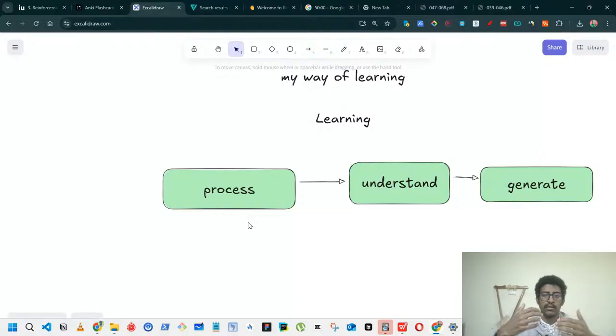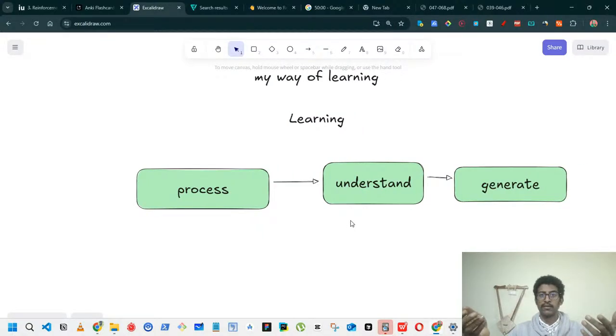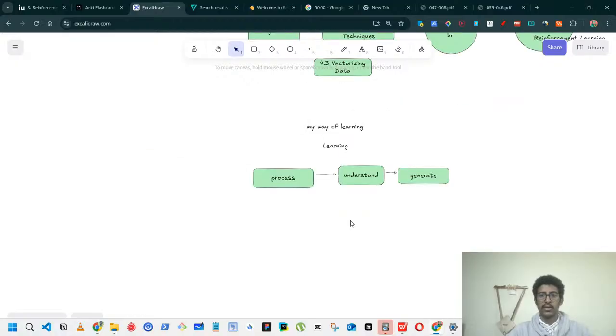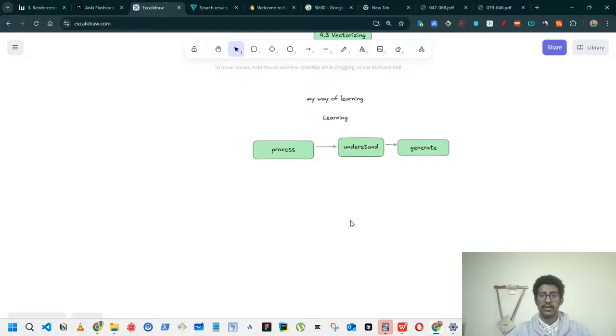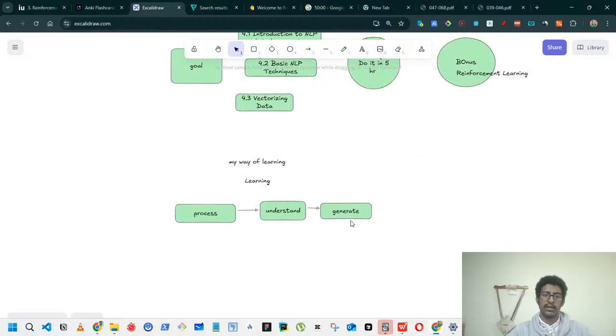That makes it meaningful, and that leads to understanding the subject matter. Then you can generate whatever you want. You can solve the problems, you can express it in your own way and into practicality. So yeah, this is what I mean.